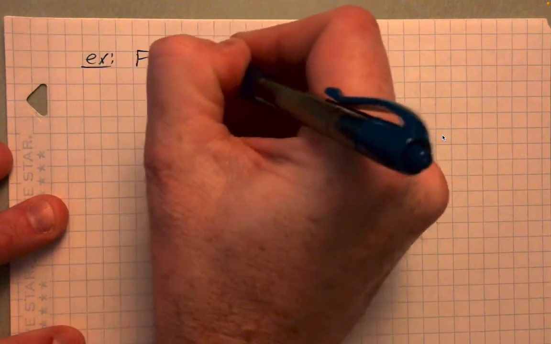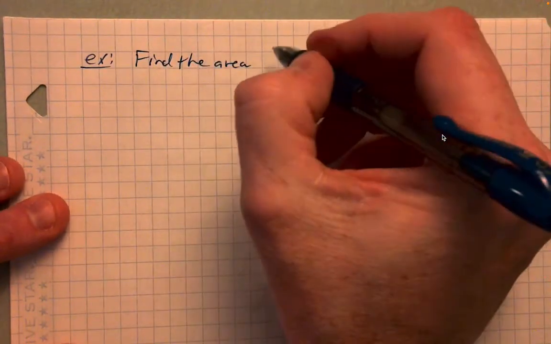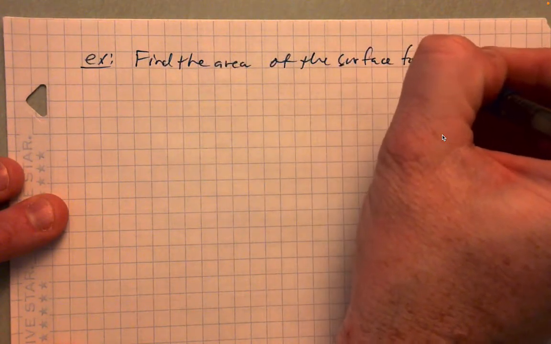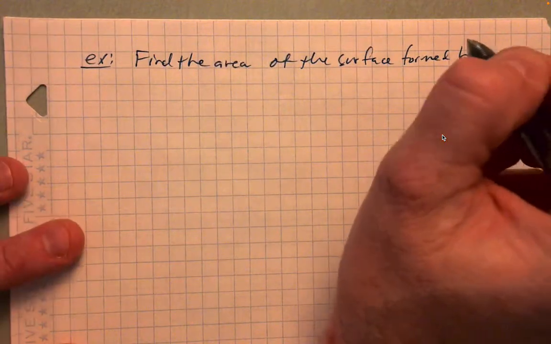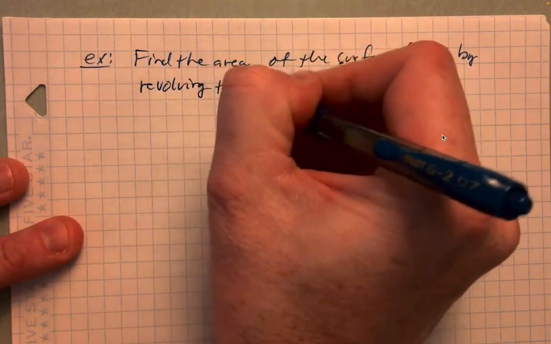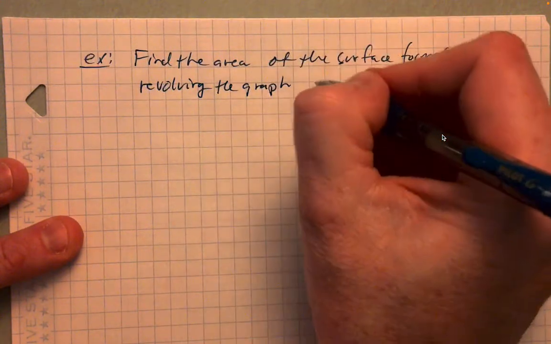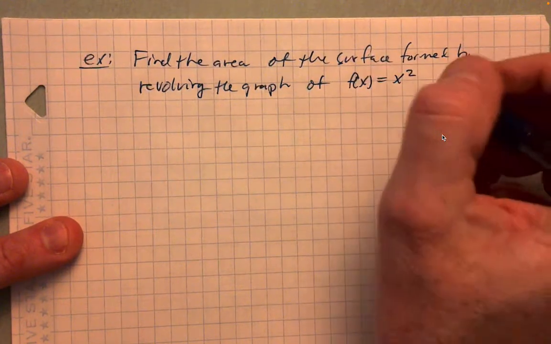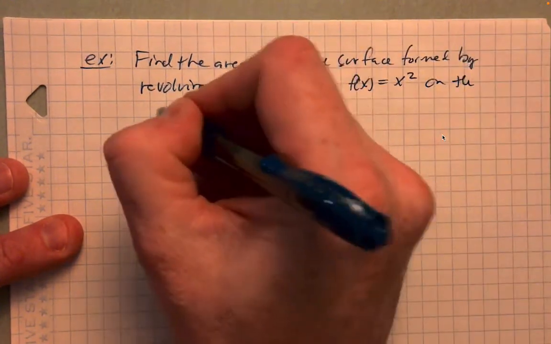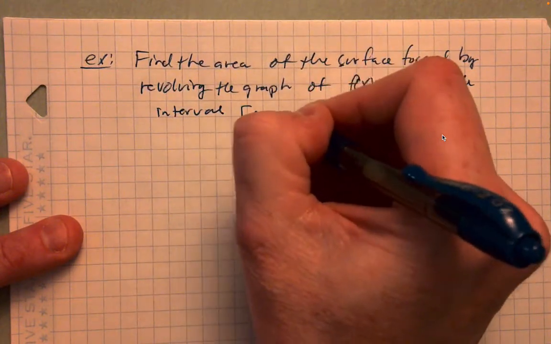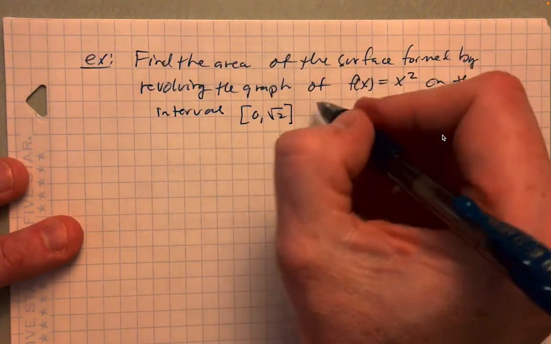Let's find the area of the surface formed by revolving the graph of f of x equals x squared on the interval 0 to the square root of 2 about the y-axis.